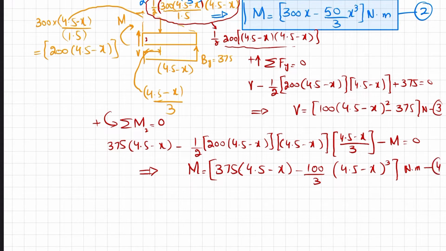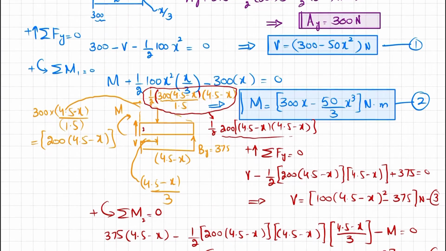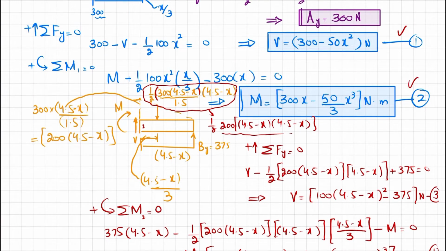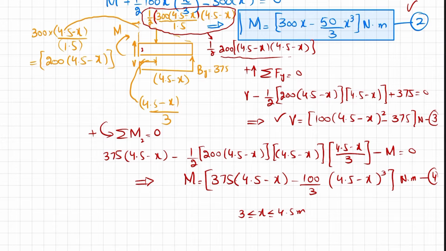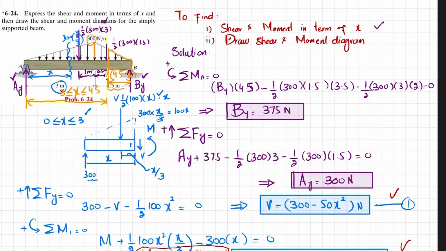Let this be equation number 4. So equations 3 and 4 are valid for x greater than or equal to 3 and less than or equal to 4.5 meter. Now we have all these equations 1, 2, 3 and 4. They are shear force and bending moment in terms of x. So we will move on and draw the shear force and bending moment diagram.